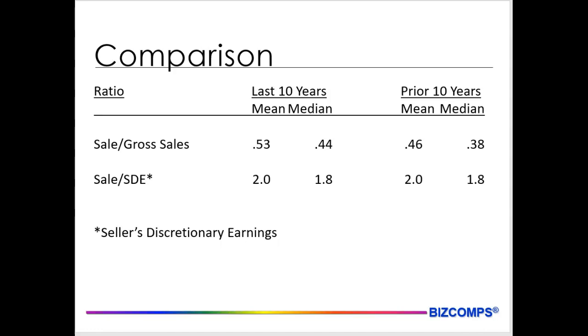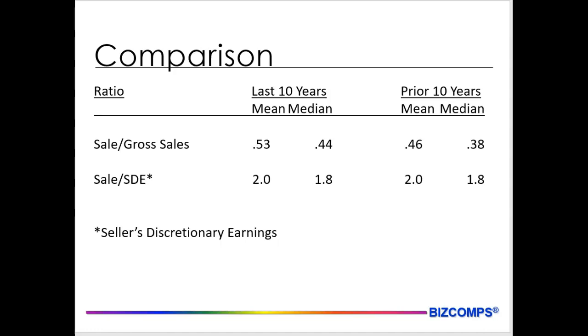So when you look at the sales price to gross revenues, you see that in the last 10 years, the mean was 0.53 and the median was 0.44. However, 10 years ago, the mean was 0.46. That's a 7-point difference. And the median was 0.38. That's a 6% difference. So that's a big change over a 10-year period.